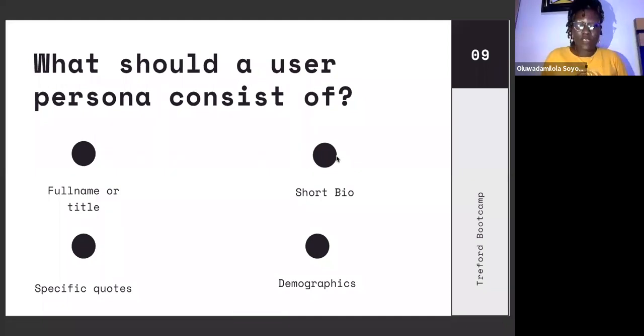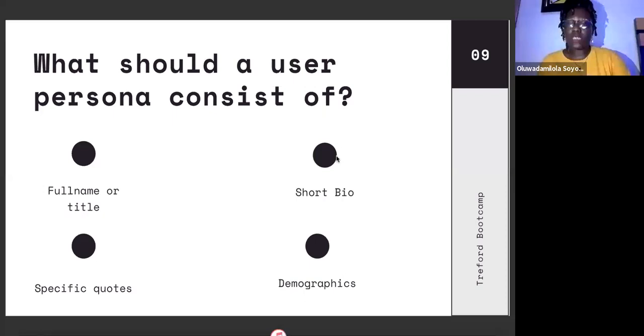This section gives insight about the person's background and lifestyle, things like age, gender, occupation, location. Are they knowledgeable? Did they go to school? Do they use technology? How long do they use technology? And all of that. So that's your demographic section.